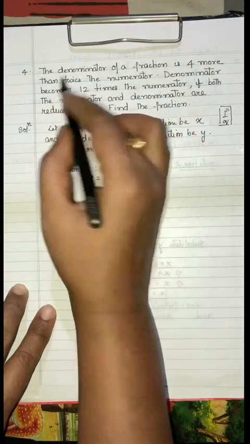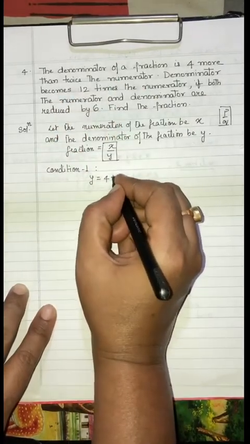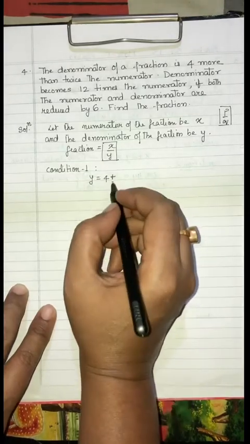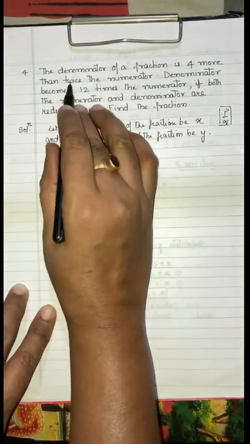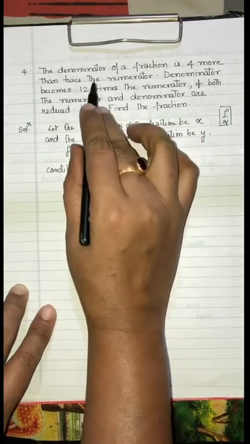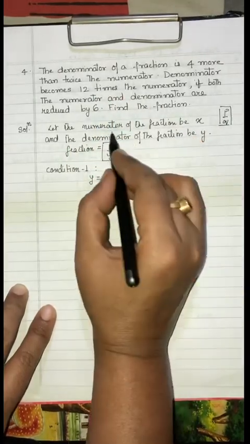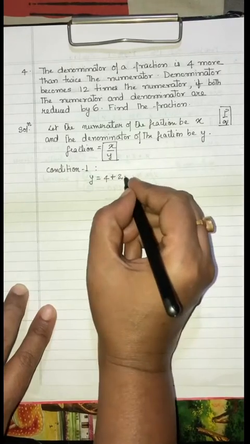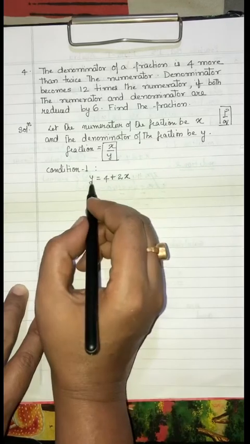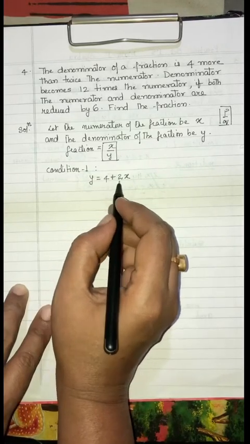When it is more than, you are taking addition. More than or added to, all these words are similar. Twice means 2 times, already we understood before. The numerator, so what is the numerator you have taken? You have taken it as x, so twice the numerator. So what do you get the answer here? y is equal to 4 plus 2x.